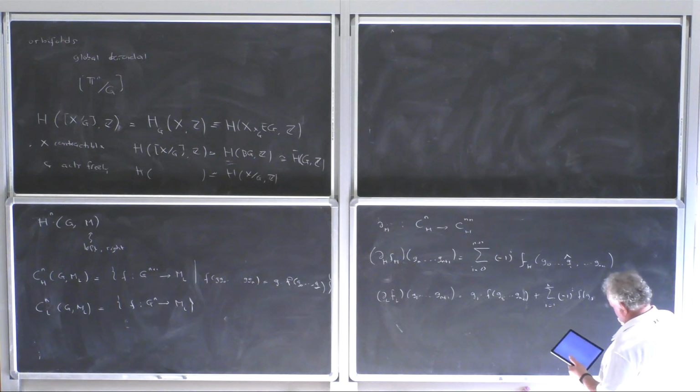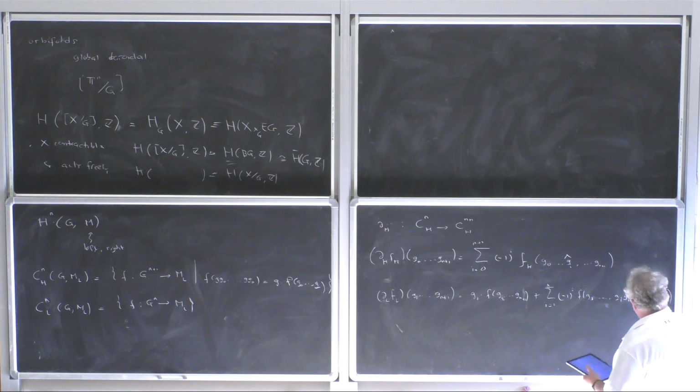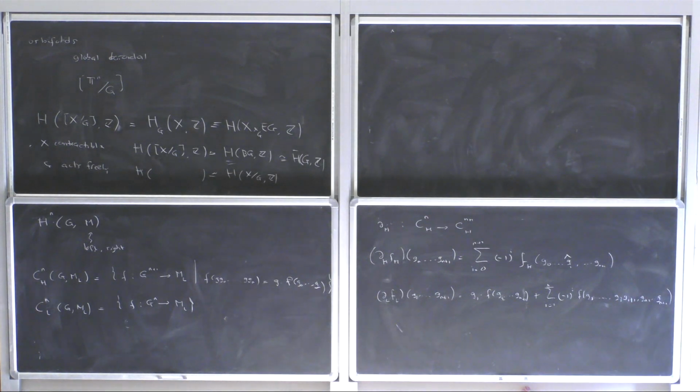g_1 up to g_{i-1}, and then have g_i multiplied by g_{i+1}. And then you go with g_{i+2} up to g_{n+1}. So here you have all the terms, g_1 to g_{n+1}, but in the ith entry you multiply g_i with g_{i+1}.